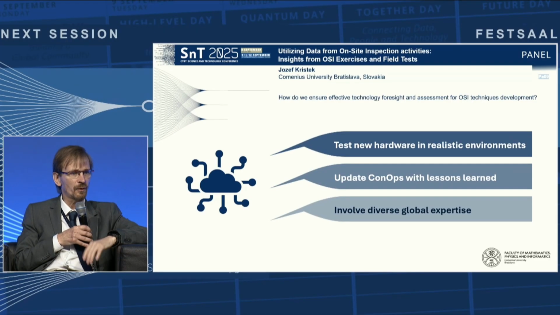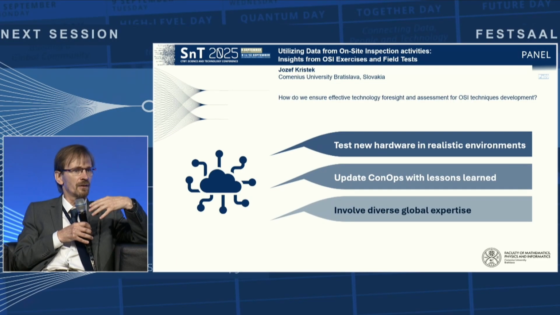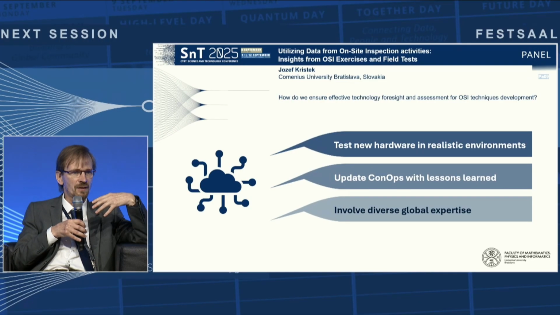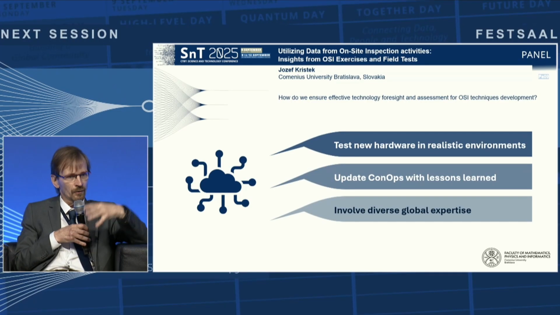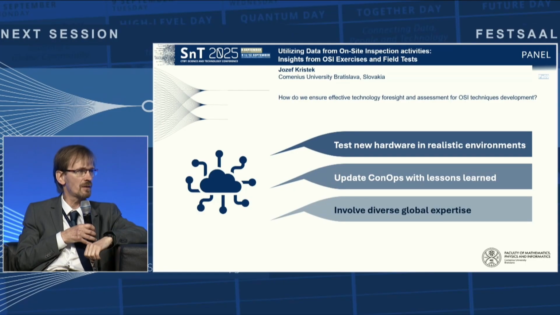This is really important. And the last, what was already said here, is that we have to involve more expertise, not only from different fields, but also different regions, in order not to miss something. So this is important for me to foresee.